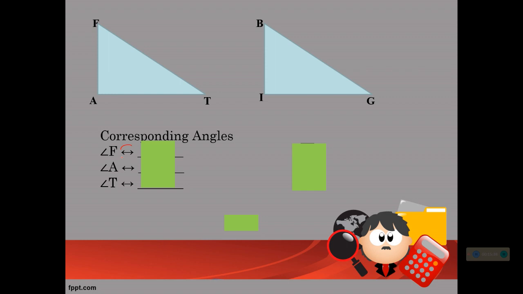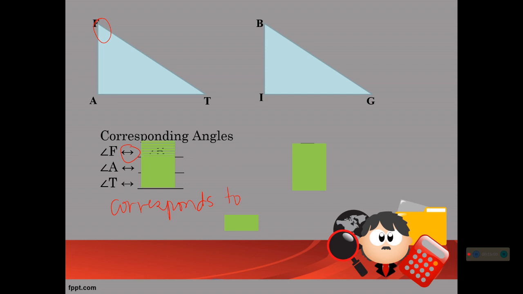Okay, so I have here the question. This symbol will be read as corresponds to. Angle F corresponds to, okay? So we have here angle F. Which angle on the other triangle is in place with angle F?